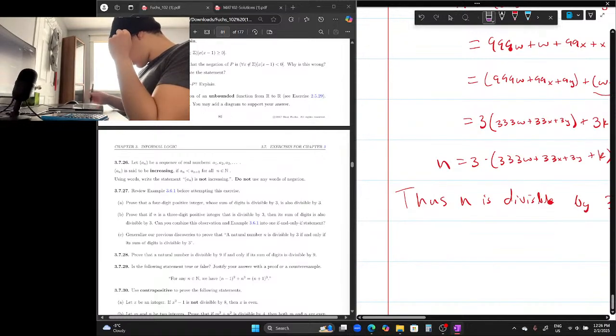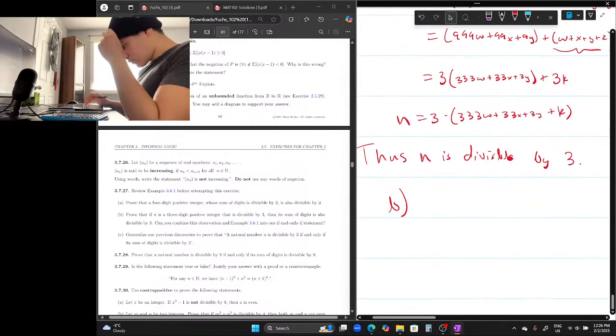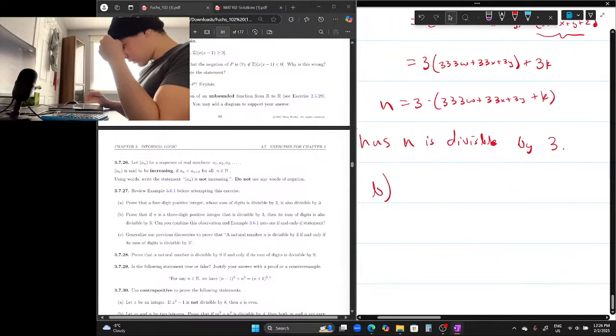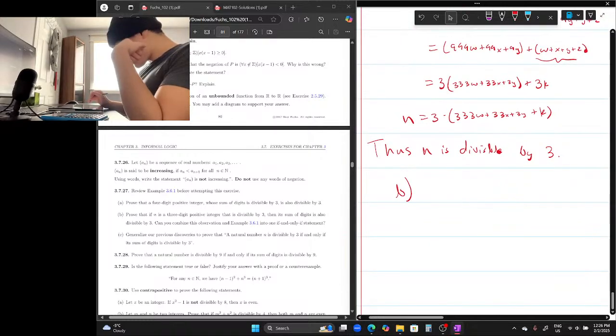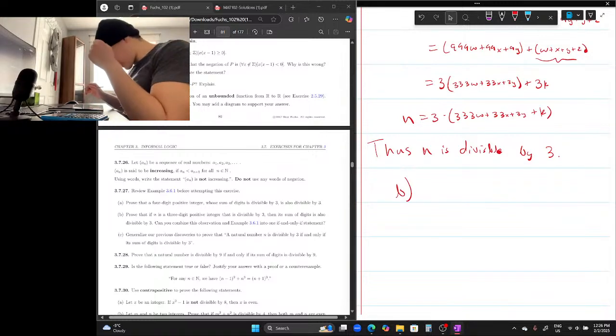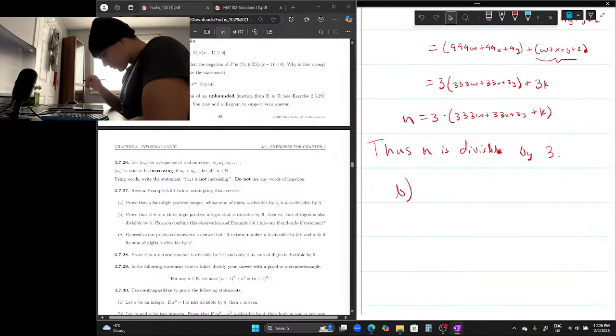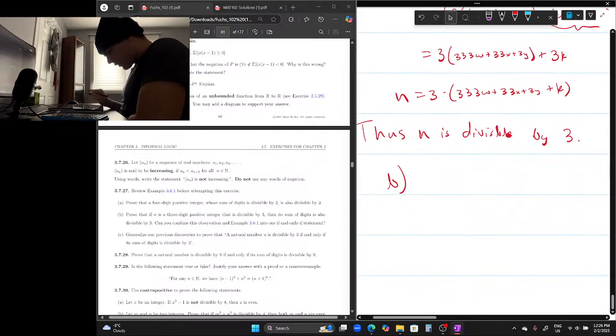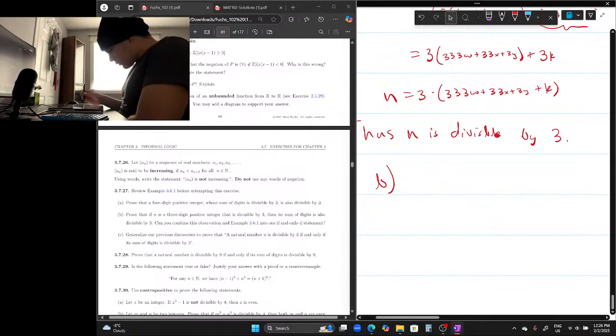Part b. Prove that n is a 3-digit positive integer that is divisible by 3. Oh, interesting. Can you write the statement into... Okay. So n is equal to, whatever. We'll use the same thing.